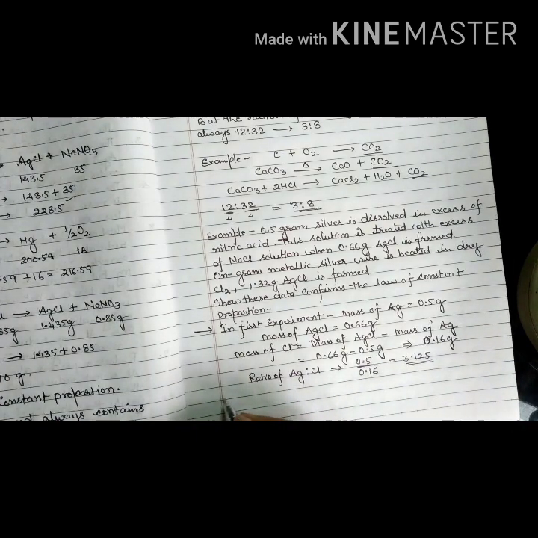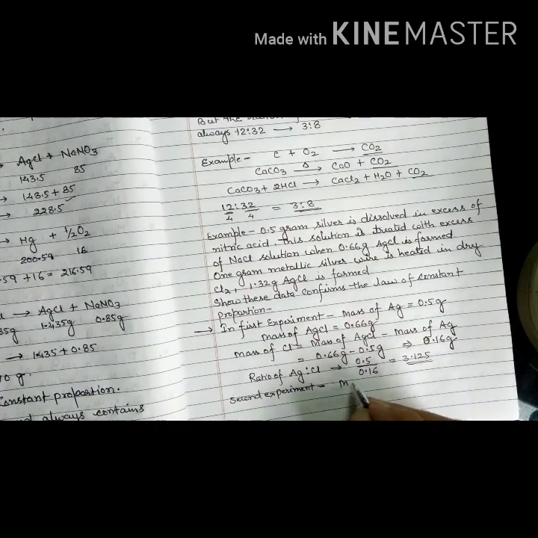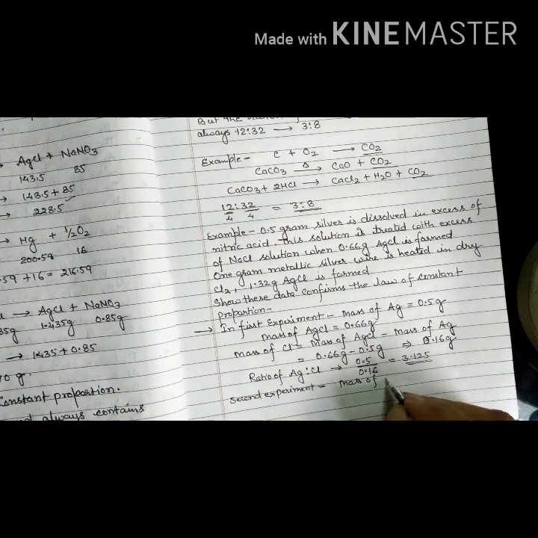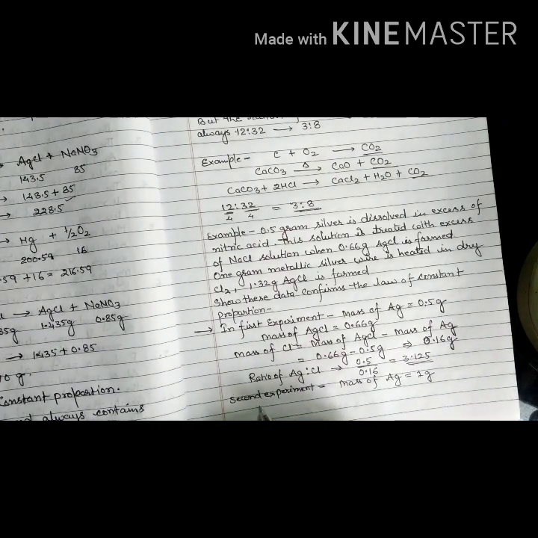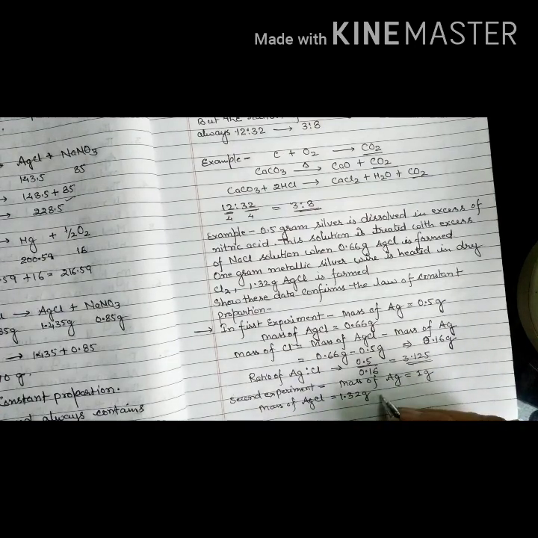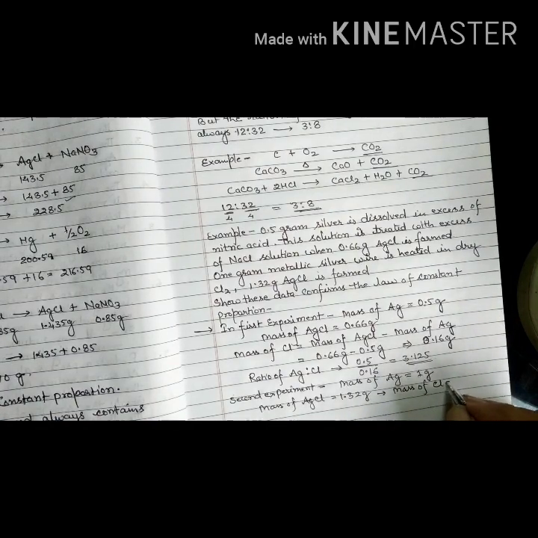Now in the second experiment, mass of Ag is equal to 1 gram, mass of AgCl is equal to 1.32 gram, mass of Cl is 0.32 gram.